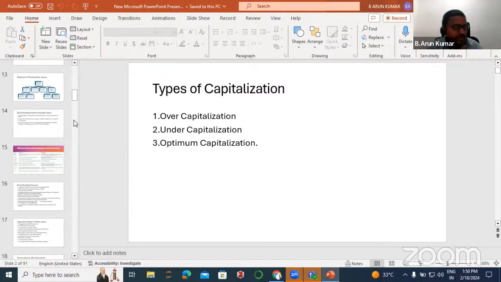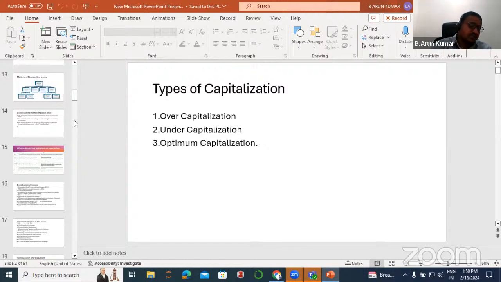In the long answer questions, we have 5 blocks, and in each block they give some units. For example, in block number 1, introduction to business finance, they give 4 units, and from those 4 units any 2 questions they will ask.